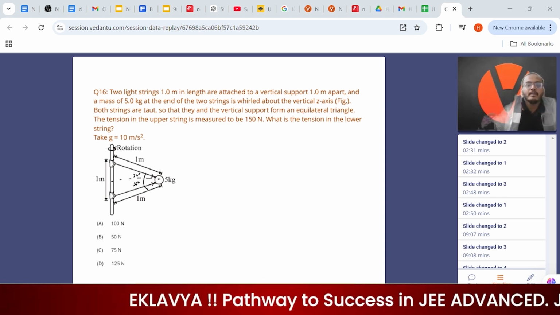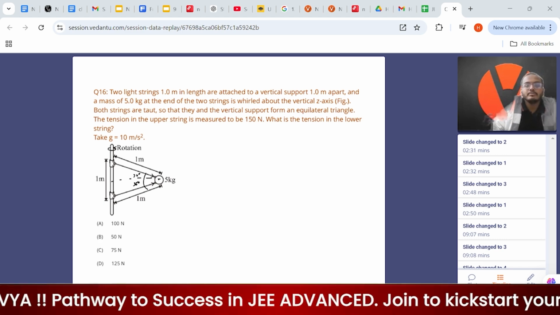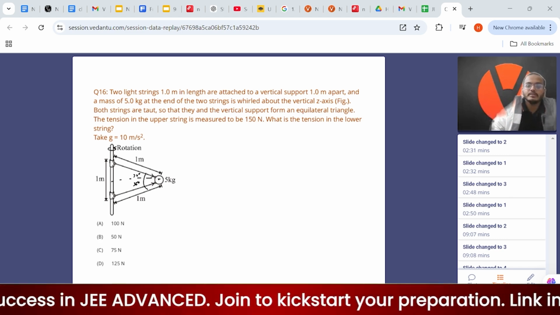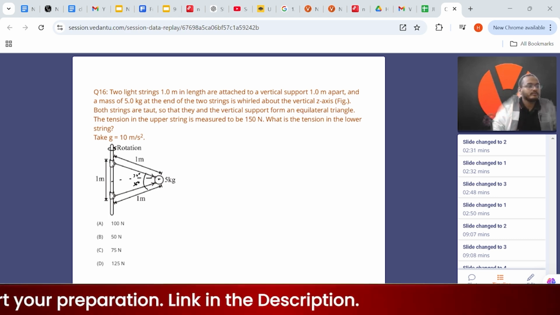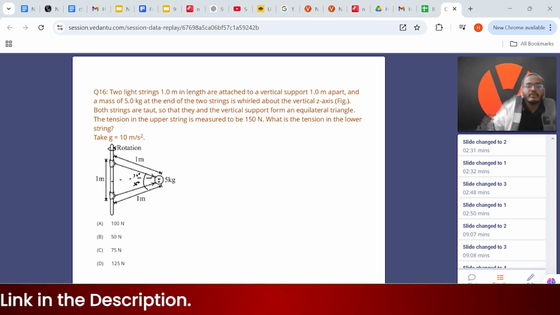The tension in the upper string is measured to be 150 newtons. What will be the tension in the lower string? See, it is 5 kg, so there will be some mass here.